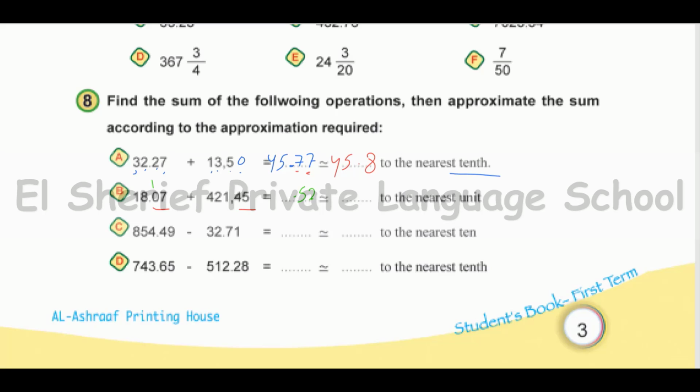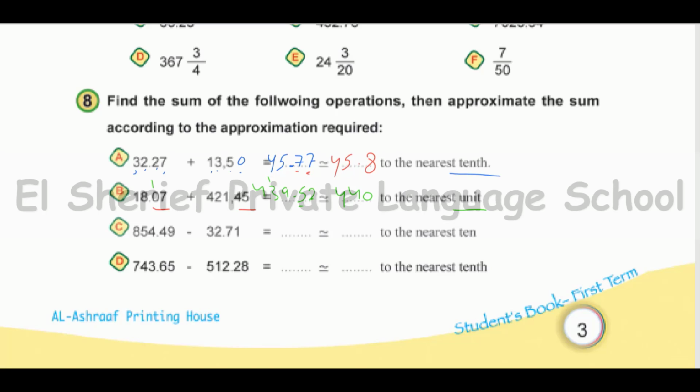Then put the decimal point after 2 digits. 8 plus 1 equals 9. 1 plus 2 equals 3. Then put 4. We need to approximate to the nearest unit, so we look at the tenths place. We have 5, so increase 9 by 1, 9 becomes 10, 0 and carry 1. 1 plus 3 equals 4, then complete.